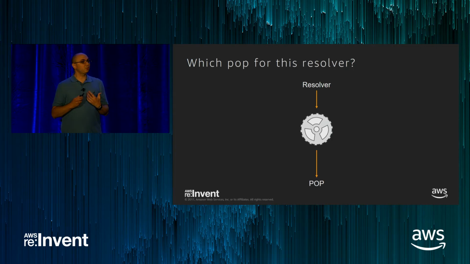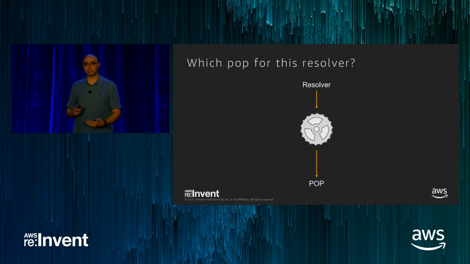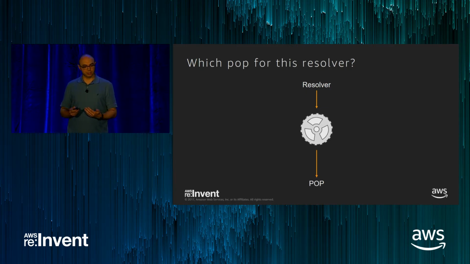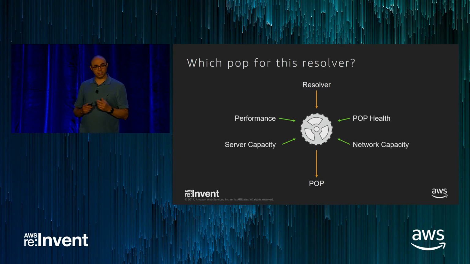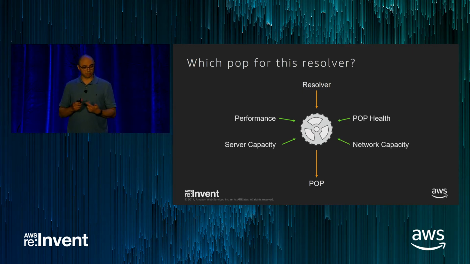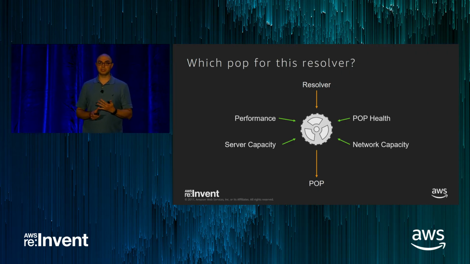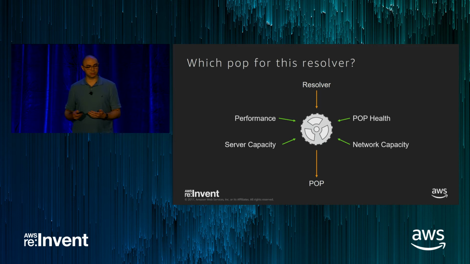So the problem we are trying to solve here is how to optimally answer this question: given a resolver, what is the best POP? Where to send this request? We're going to take all these factors into consideration: performance, server capacity, POP health, and network capacity. We want to take this all into consideration to give our users the best possible experience.